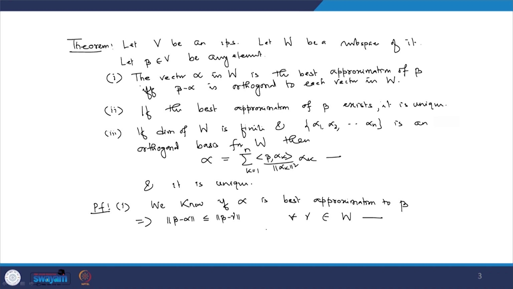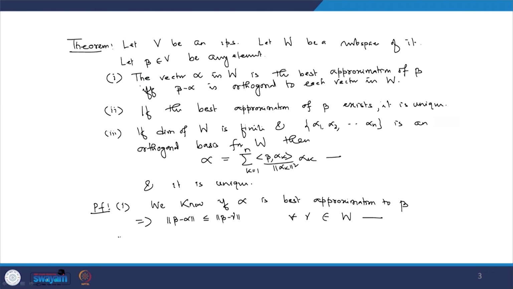Now, we have to show that if beta minus alpha is orthogonal to each vector in W, then alpha is the best approximation to beta. So, now let me prove the if part, please.